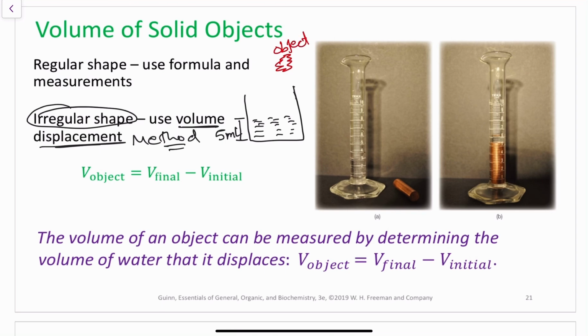How are you going to figure it out? You just drop that irregular object into the liquid. Because of the presence of the object, the volume of the liquid will rise, right? Now the final volume of the liquid, for example, is 7 ml.